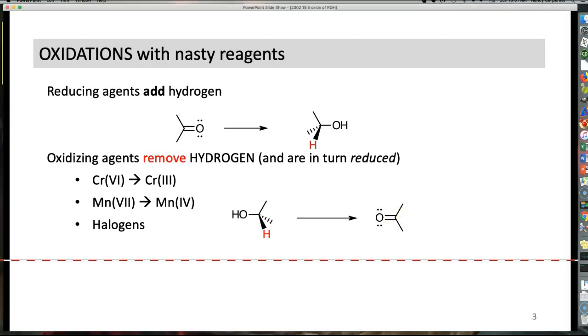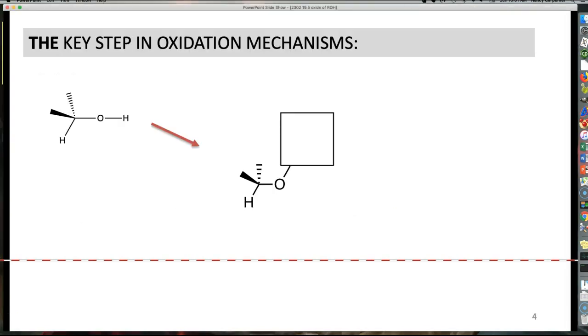Alright, how does this work? Well, there's one mechanistic step that you need to focus on. You take your alcohol and somehow or other you add something to it, something in this box that is ready to leave with a pair of electrons.